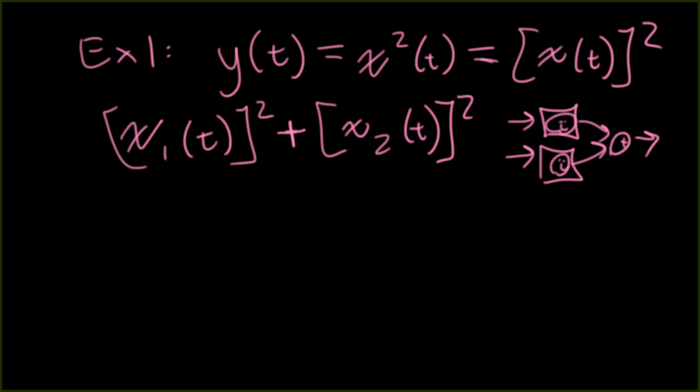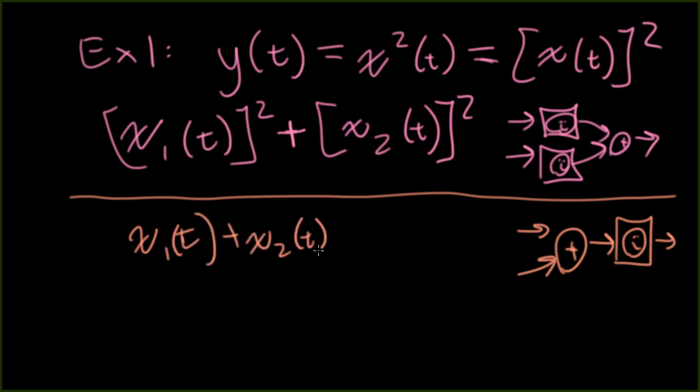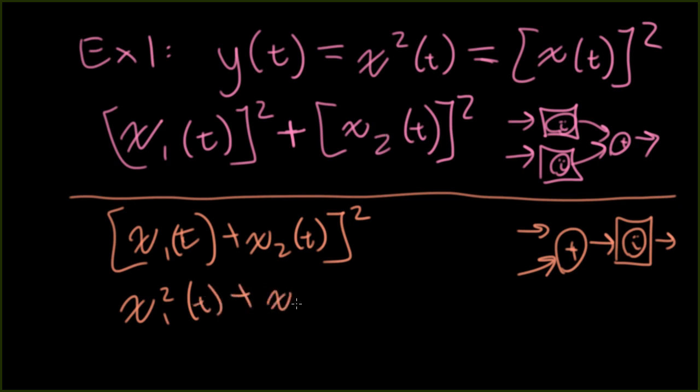Anyway, now let's try the situation where we add the signals together first and then run them through a single copy of the system. So in that case, we'll add the signals together. I've got my x1(t), I'm adding in the x2(t). And when I square these, okay, well, I'll get the square of the first term, and then I'll get the square of the second term.